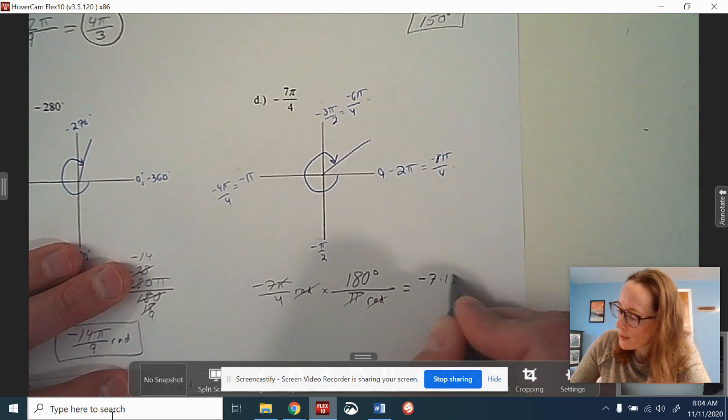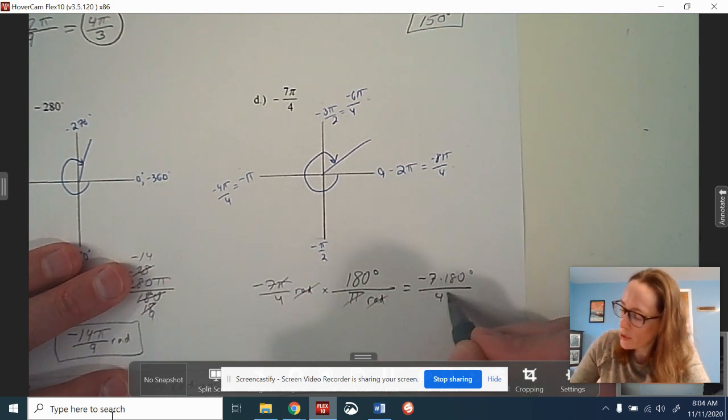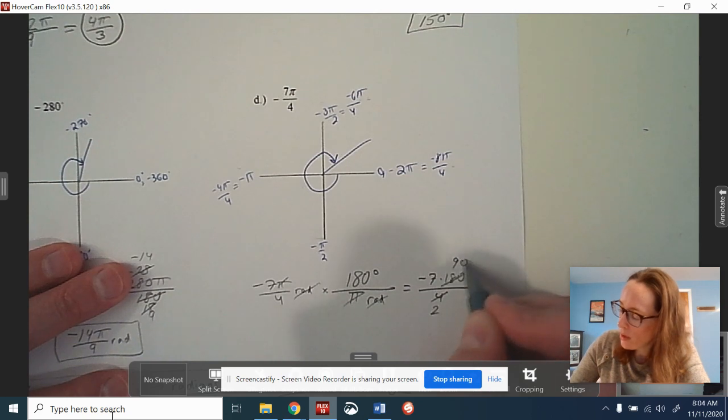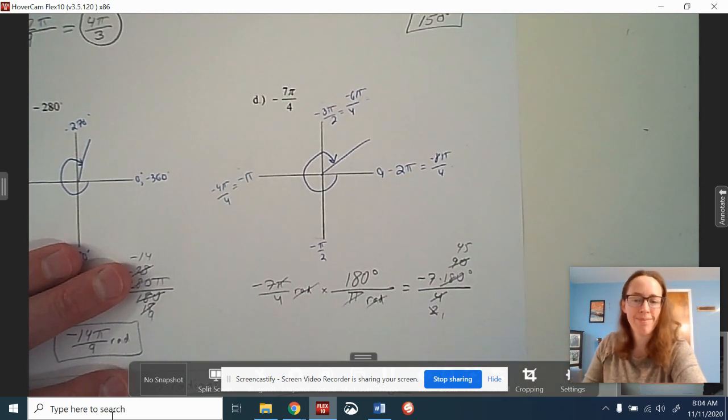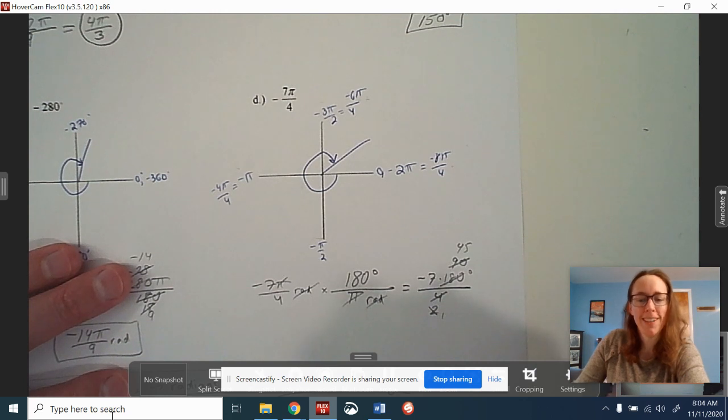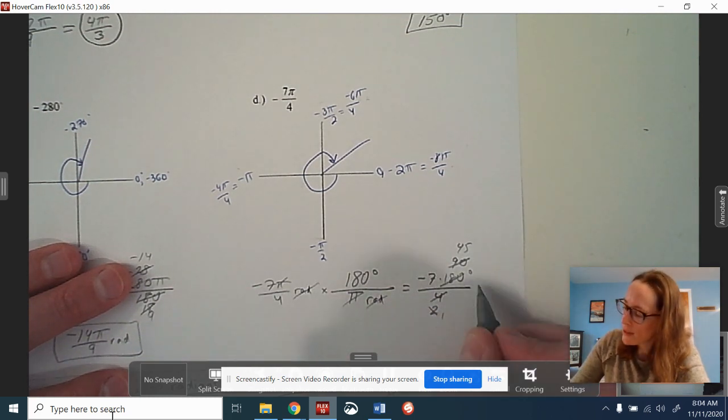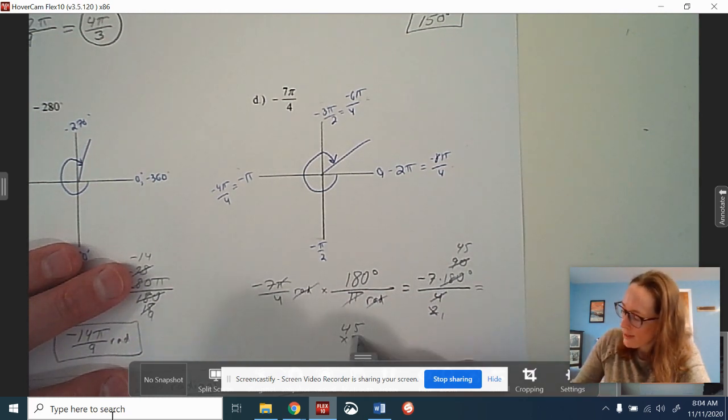If you'd like to rewrite it, you can do that. And then you can go ahead and reduce. So I see 2 goes into both. Oh, and then 2 goes into both again. So I guess I actually could have reduced by 4 from the beginning, but I didn't see that. So it's okay to reduce by 2 and then reduce by 2 again. So what I have left is negative 7 times 45. That one I'm not going to do in my head. So I'm going to get 28 and add 3.